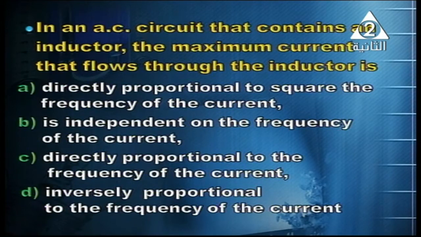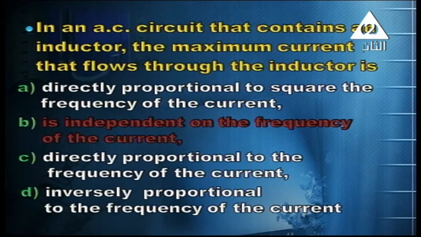So this choice asks about the relation between maximum current and frequency. The circuit contains an inductor. Okay? In case of the inductor, the maximum current is independent of the frequency. So the right choice is number B.